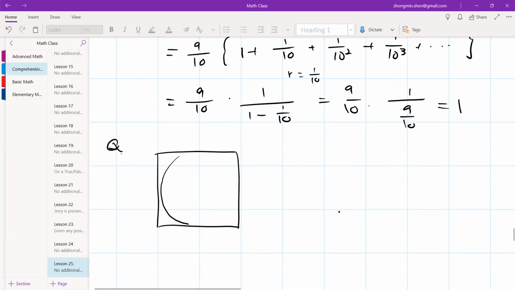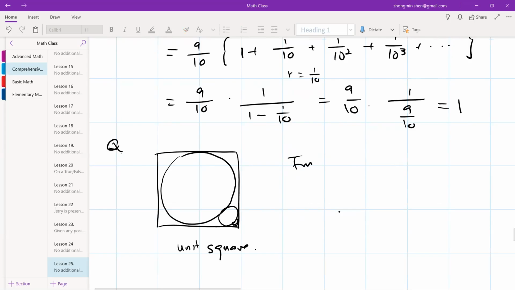You begin with a square. So you have a circle inside. But inside the circle, I get another circle. Then I get another circle. So you can zoom in. So infinitely many circles there. This is a unit square.